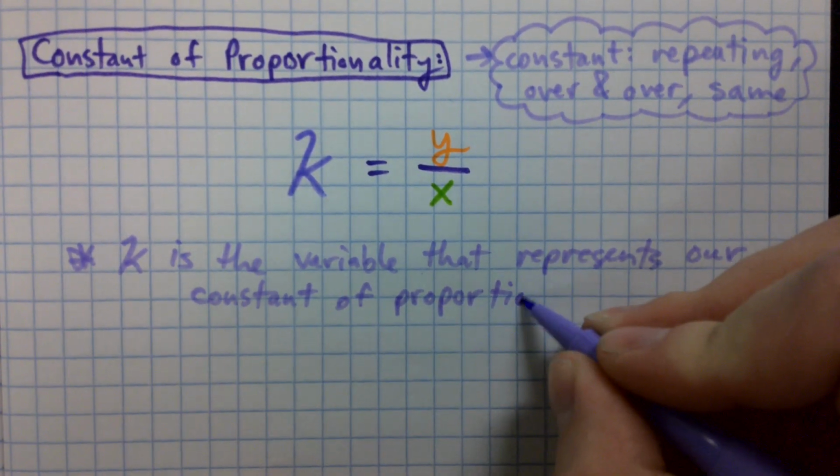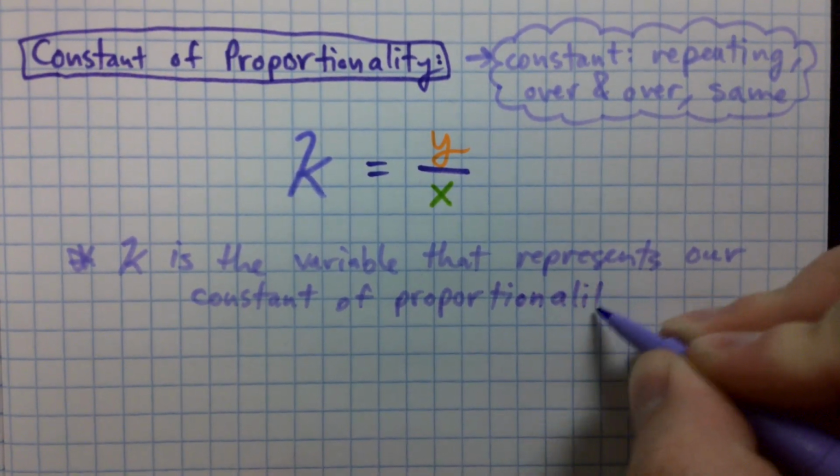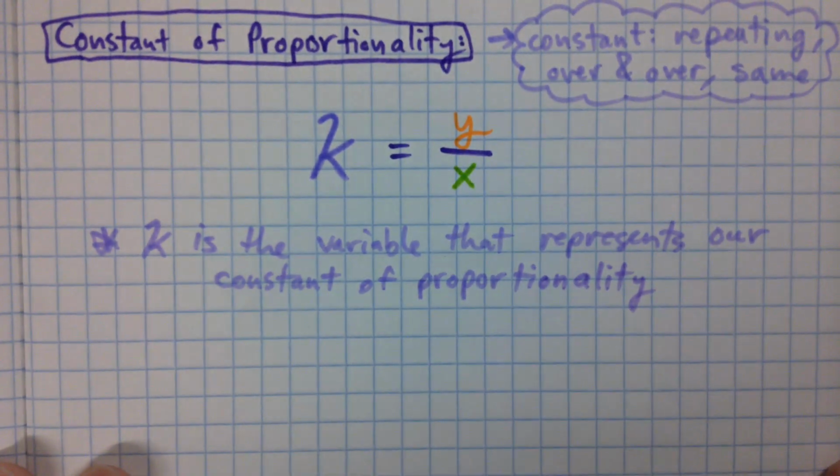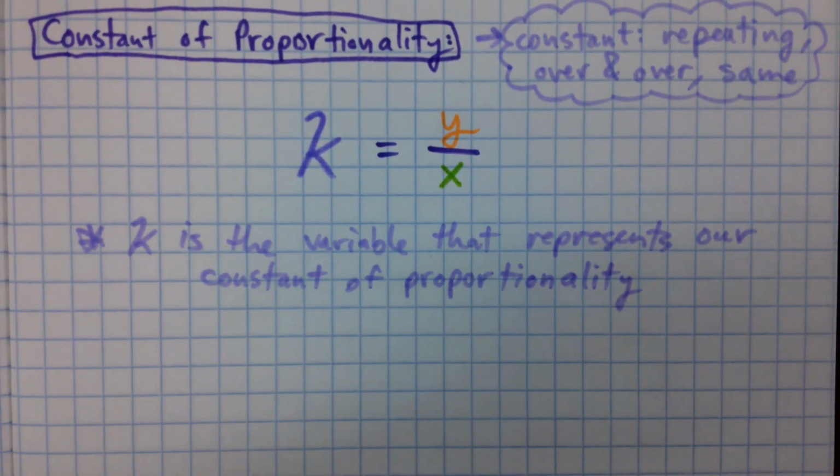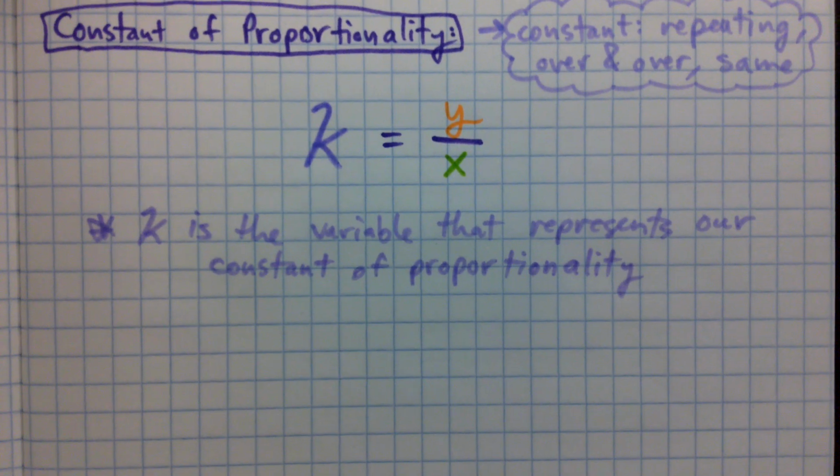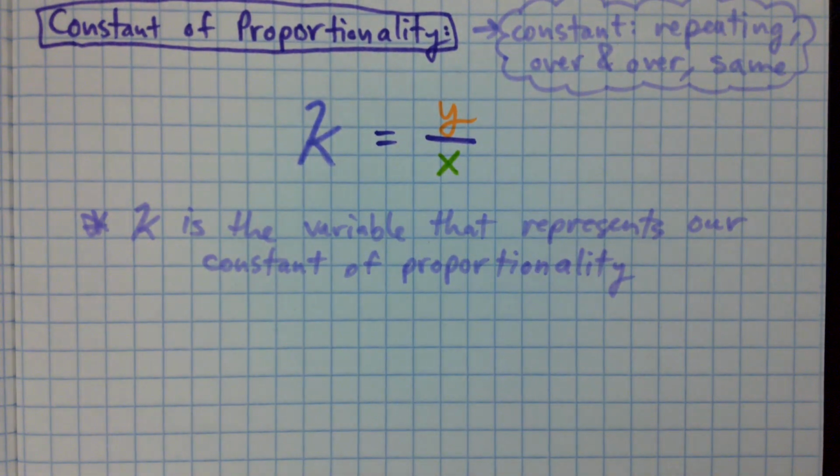I can't even spell it again. Proportionality. Like personality, but with a proportion. Don't ask me why it's K. I have no idea. I didn't make that up. Some old Greek mathematician made it up a long time ago. That's what we're going to use, K.